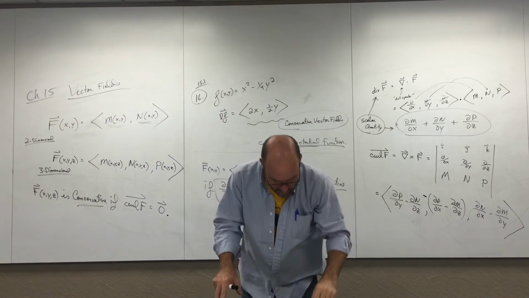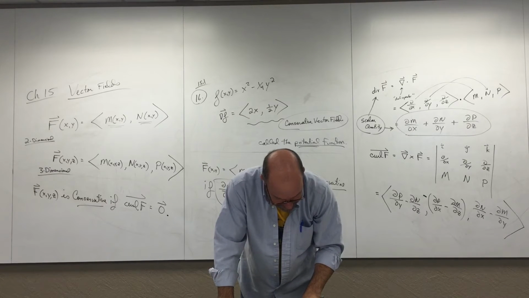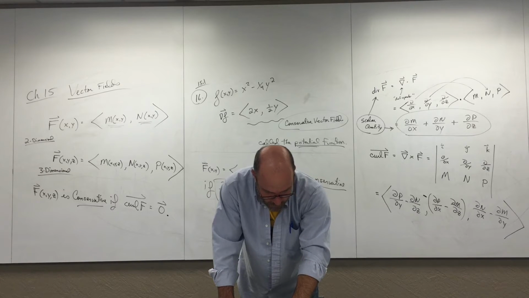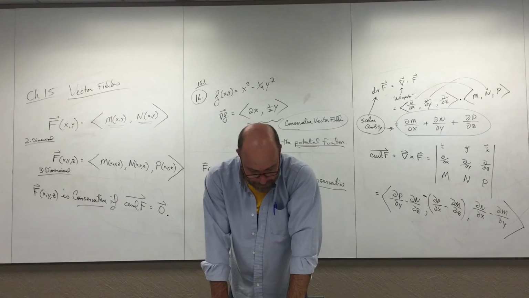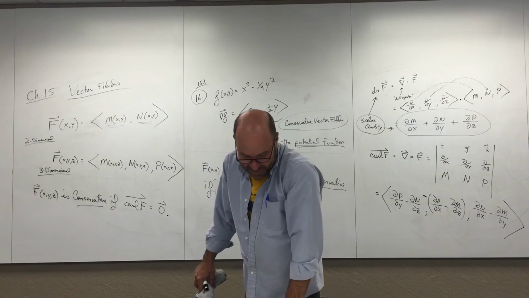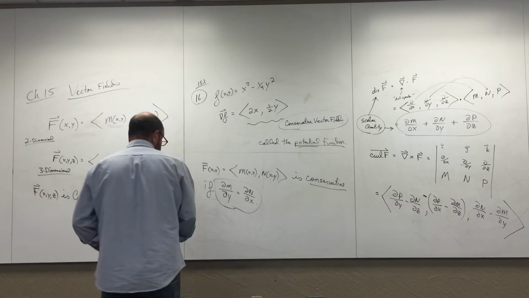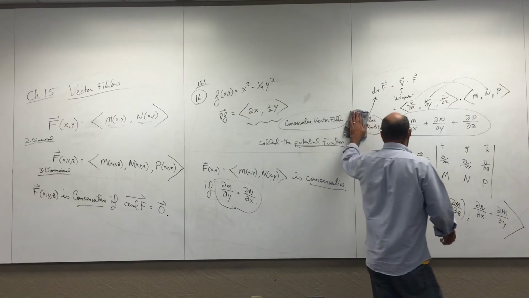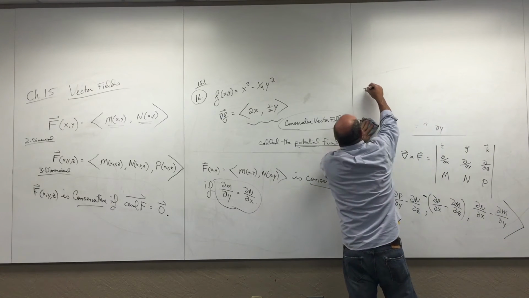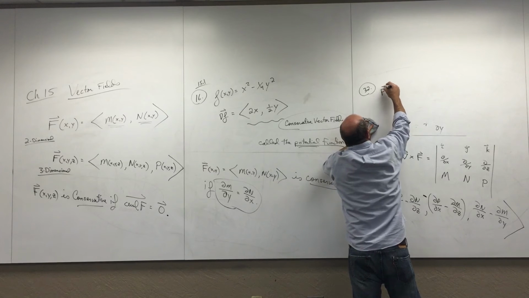Let's see. Let's try another homework problem. Okay, just for fun, let's try this one. 32. This looks kind of tough though. 32 is a vector field.